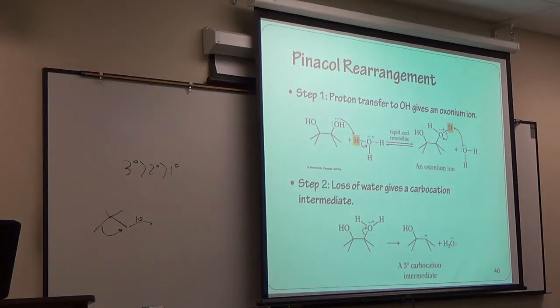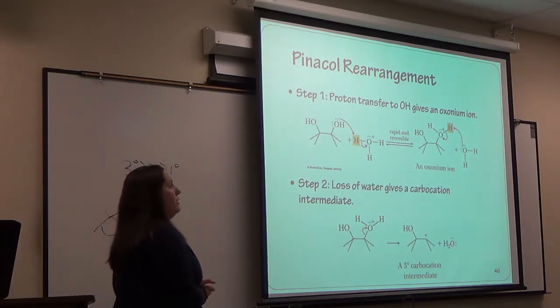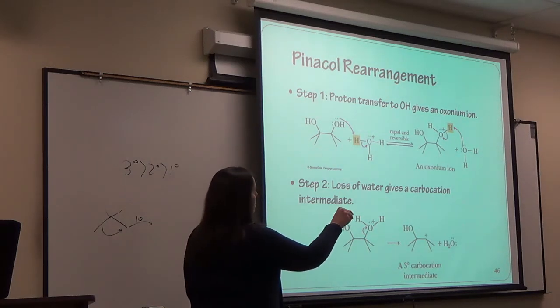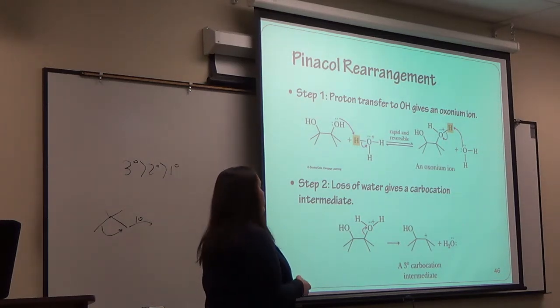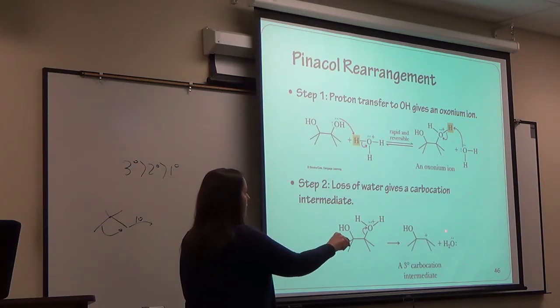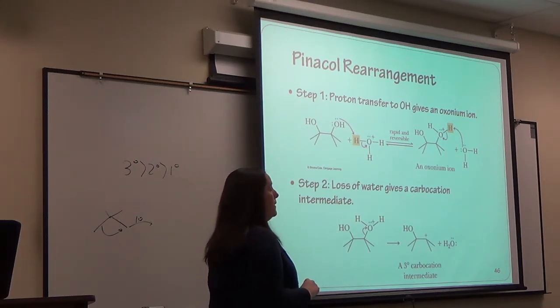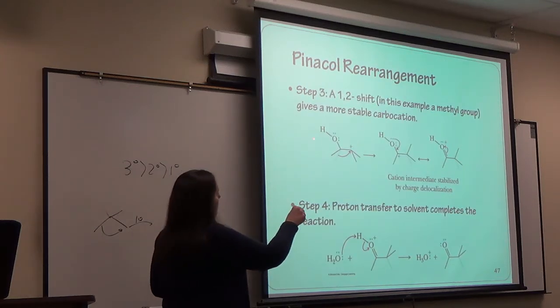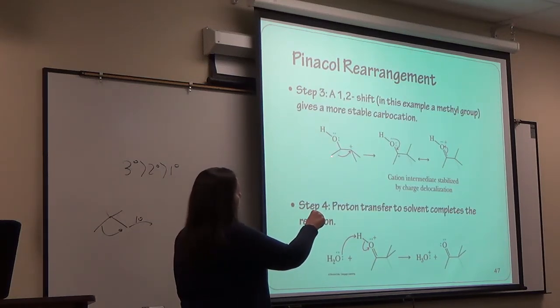Okay, so these are the steps then. Of course, hopefully no surprise, there's a proton transfer to one of those hydroxyl groups. You form the oxonium ion. So now you have a leaving group. The leaving group leaves and it forms your carbocation. Okay, but now is where it gets a little bit different. A shift happens here.